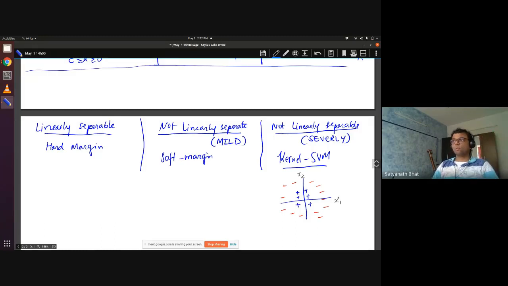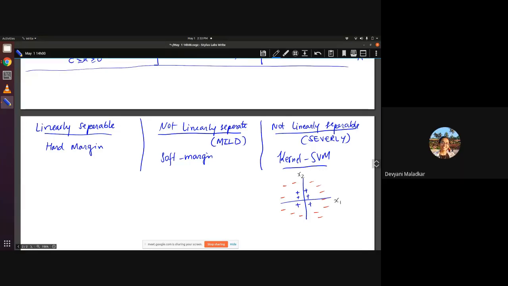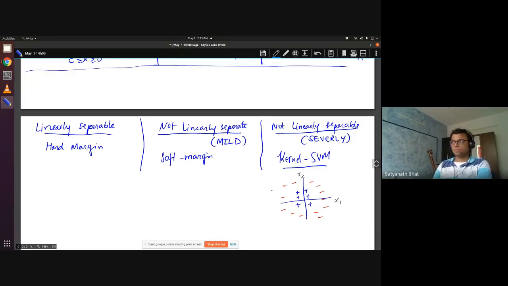So for this kind of a problem, there is a solution. What is the solution? Change the feature space. Yeah. So what you do is you change the features into a higher dimensional feature. Your original X was X1, X2. Okay. So this is for a particular training data.